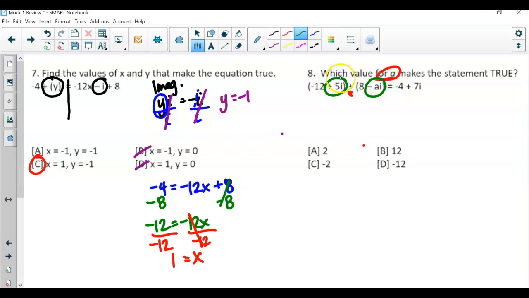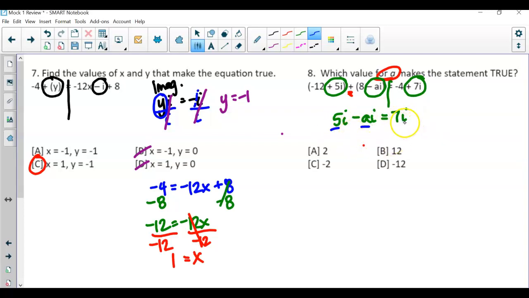Well, positive 5i. So on the left side we have 5i minus 8i, and that is equal to, what is our imaginary on the right side? 7i. Now we have to be careful, because 5 minus what would get you 7?